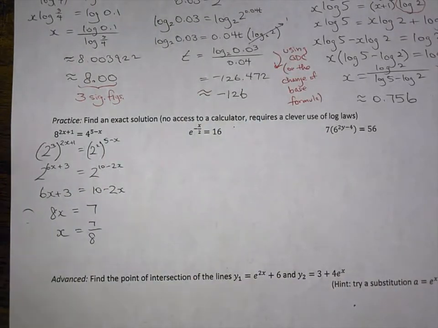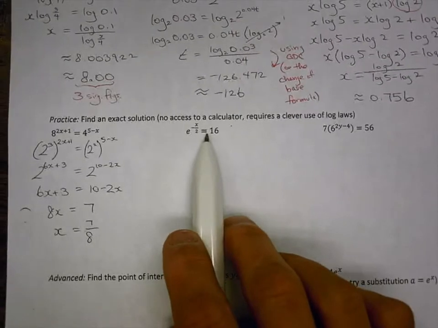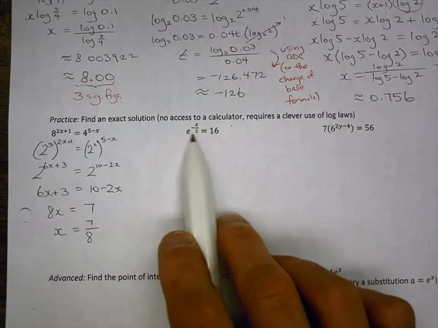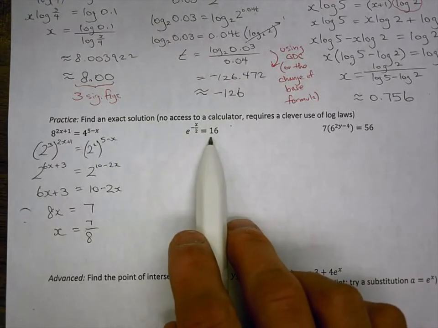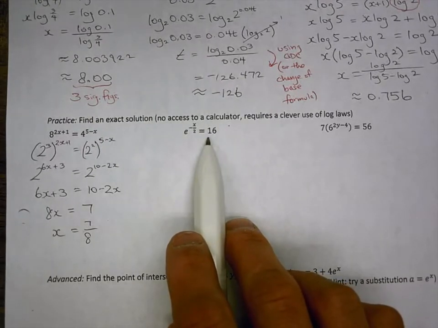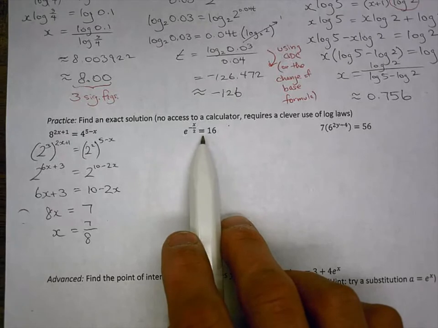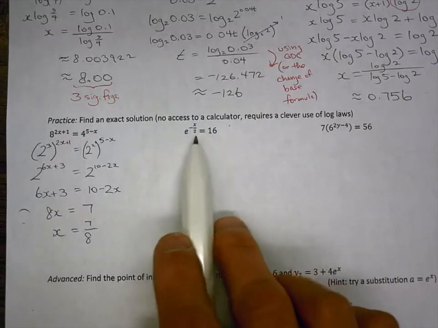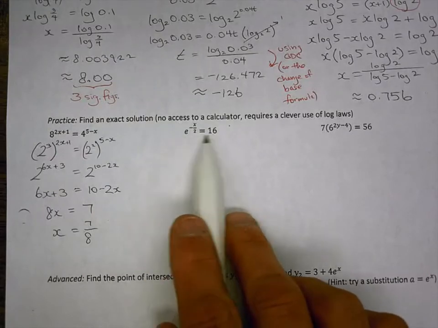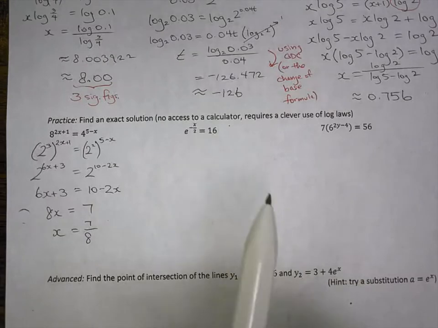Okay, so let's look at this next question. This is an equation, and it's an exponential equation because x is in the exponent. So, can I make the bases the same? No. I can try rewriting this using the definition of exponent, or I could try logging both sides. Now, if I log both sides, what base should I choose?